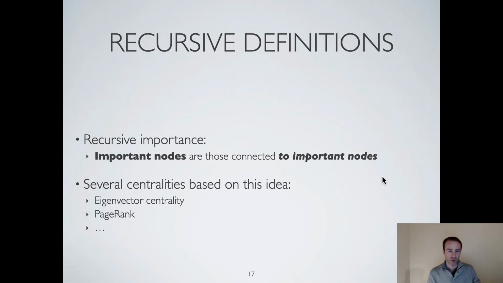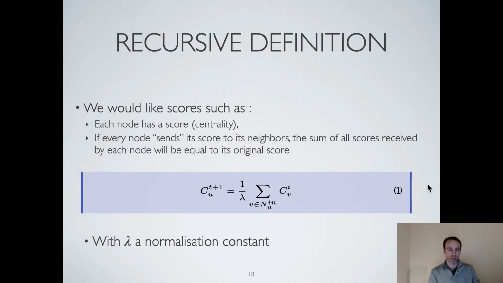There are several centralities based on this idea. The idea of this score is that each node has a score of centrality, and if every node sends its score to its neighbors, so you share your importance with your neighbors, then the sum of all scores received by each node will be equal to its original score.